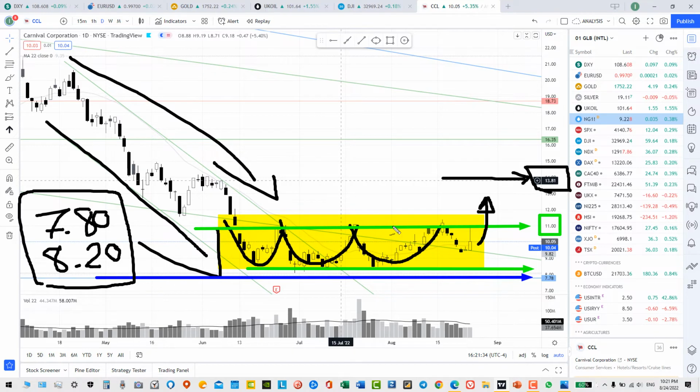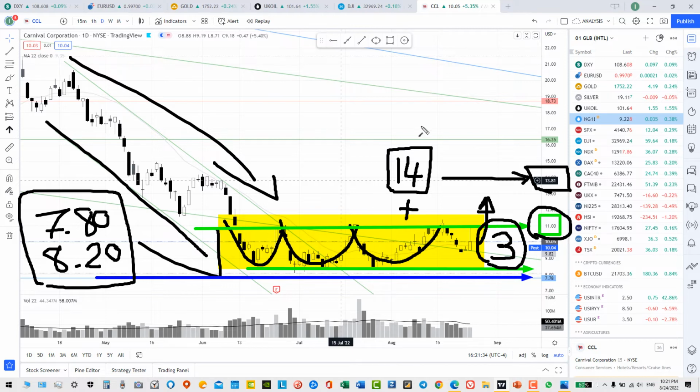Because this reversal pattern, if completed, its thickness was ranging from around $8 to $11, which means that this thickness is around $3. Added to the level of the break, this means that we are targeting the $14 level as our first target and our minimum target.